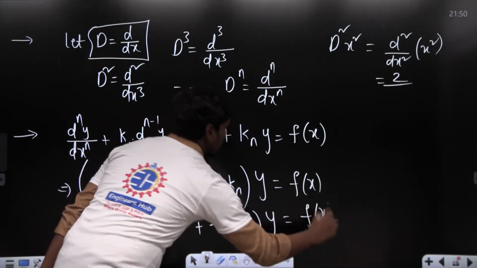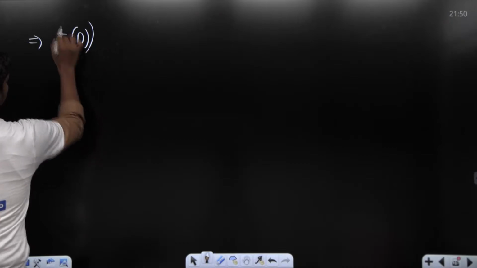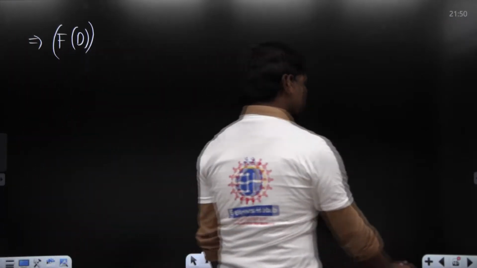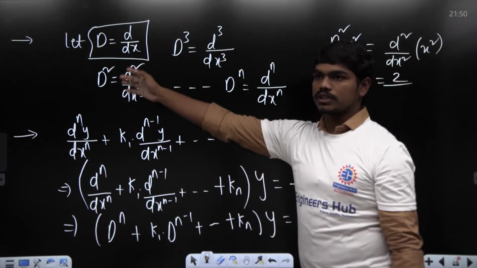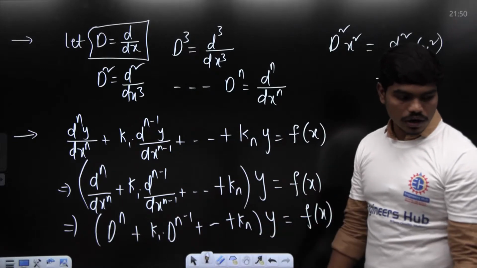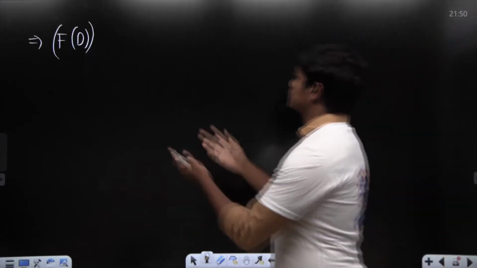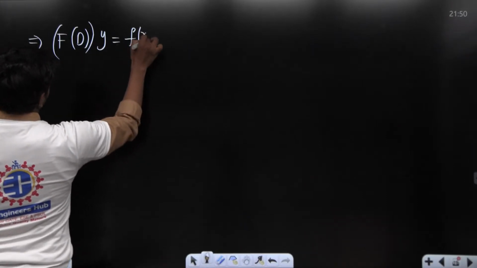Can I write this? Now if you are writing this, in a nutshell, I can write some function in terms of D, which is a polynomial function, of course. So this is some polynomial depending upon the order of differentiation. If this is some polynomial D power n plus k1 into D power n minus 1 and so on, can we write this complete equation as f of D operating on y is equal to f of x?